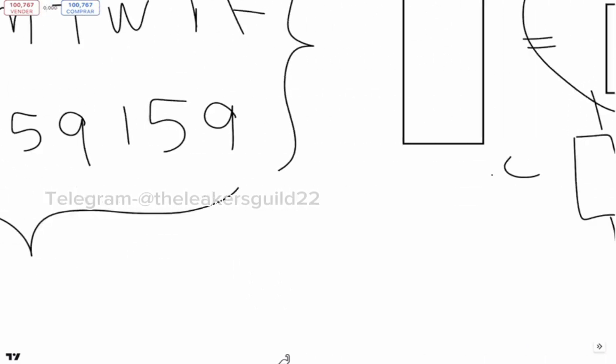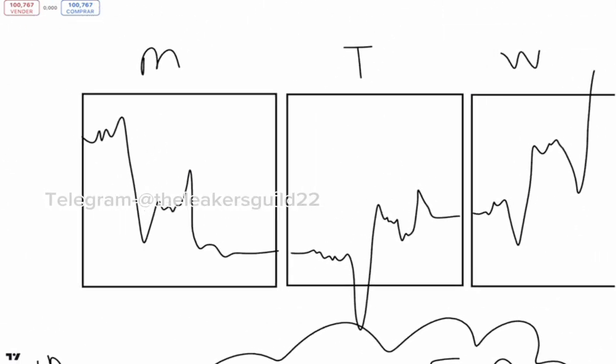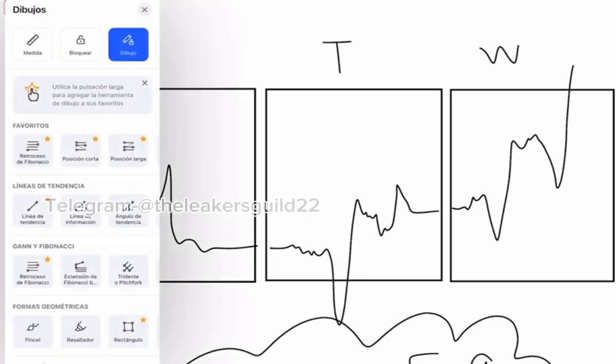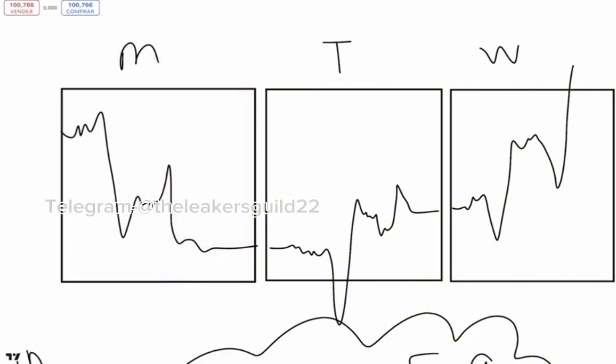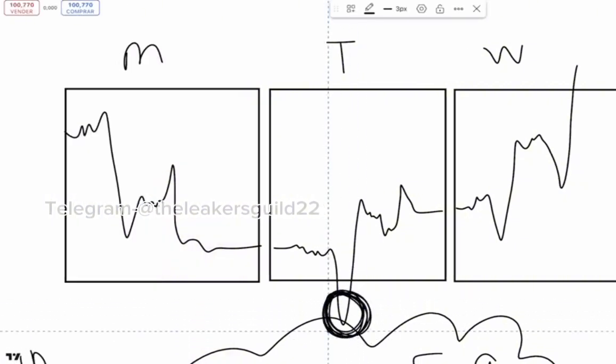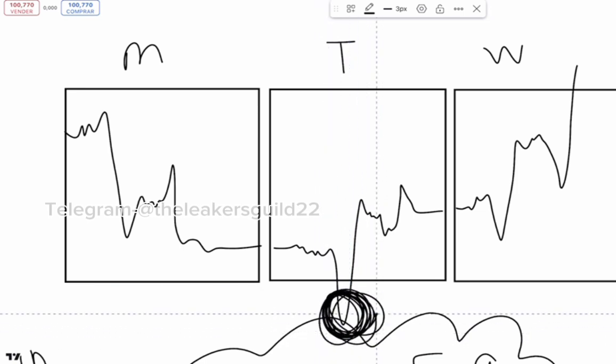Right? Now within each candle, candle number 2 is the candle which will have the turtle soup. Right? This, the most advanced entry model.